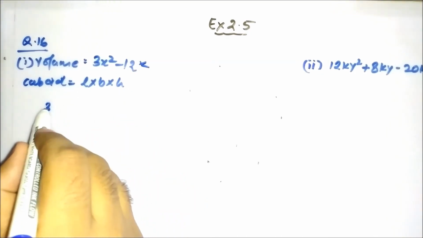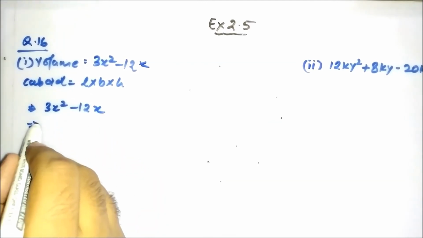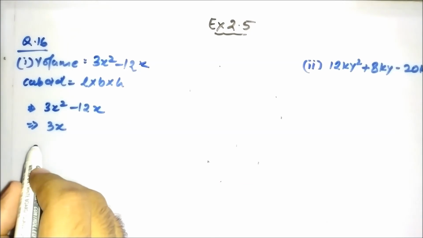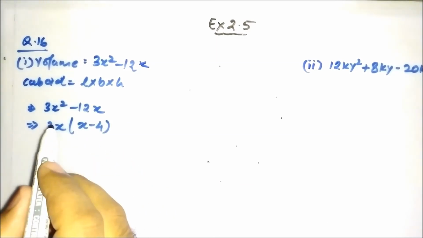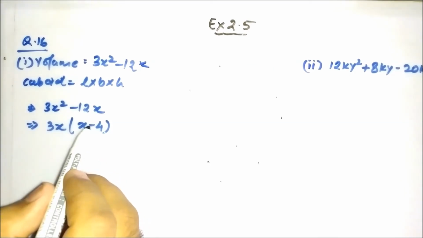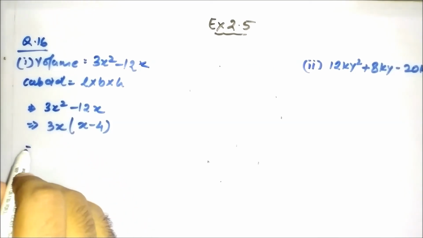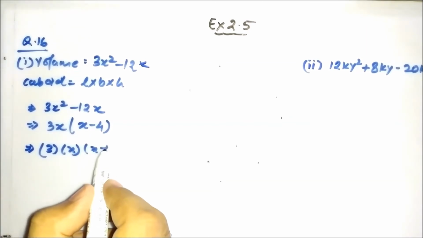Just like this 3x square minus 12x, we can take 3x as common. So we'll be left with x minus 4 inside the bracket. Now this can be written as 3 multiplied by x minus 4.